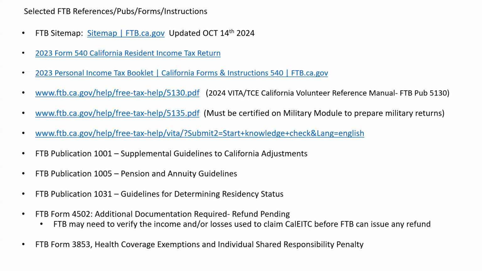But part of the information that we provide individuals is that California, the Franchise Tax Board, sometimes will send a letter to the taxpayer asking for what is called additional information or documentation. And California will say, we want to send you a California refund. However, additional information is needed from the taxpayer. So the taxpayer will get that letter. And when they get that letter, then of course they have to respond to it.